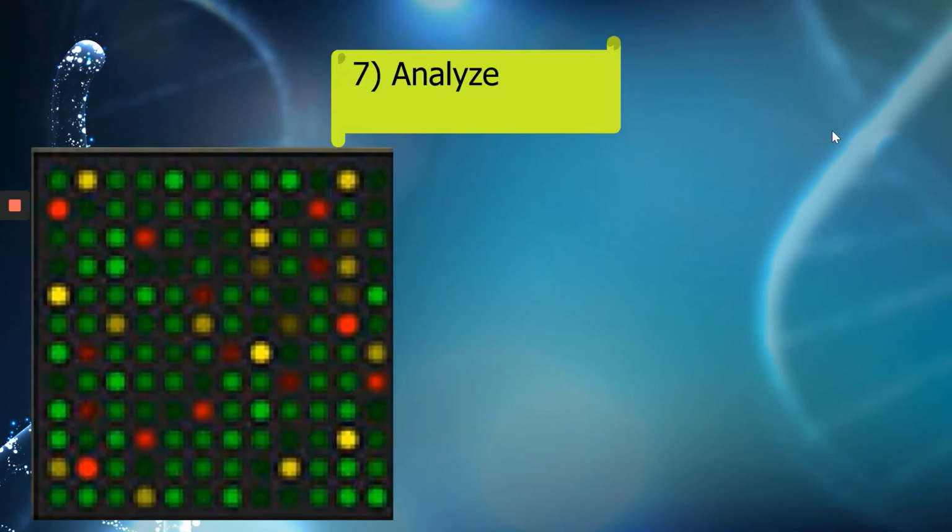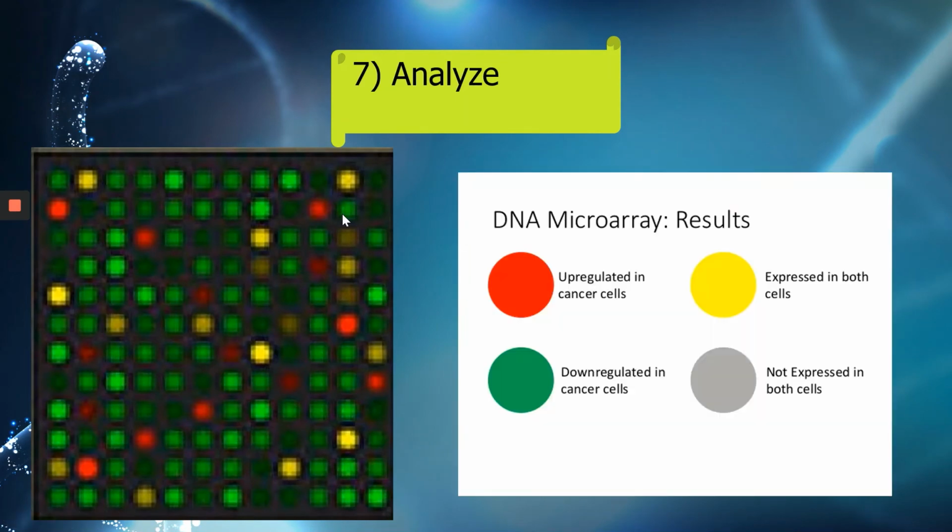So now for the analysis part. This is the glass plate after the experiment. To ease you up, I have found an example from research on cancers. So let's apply this to our experiment.